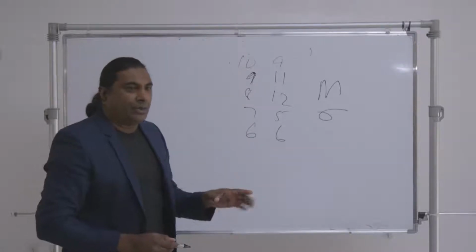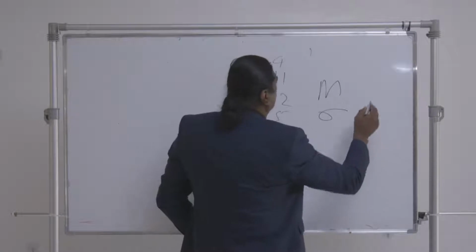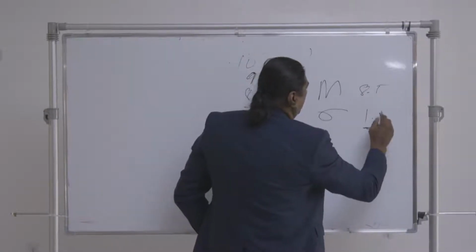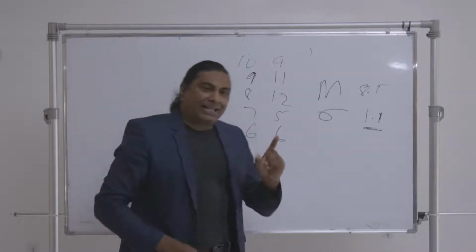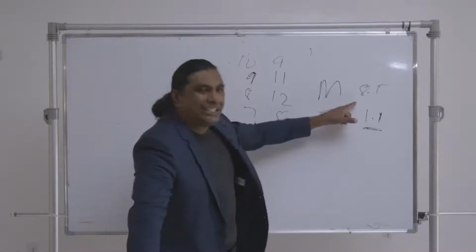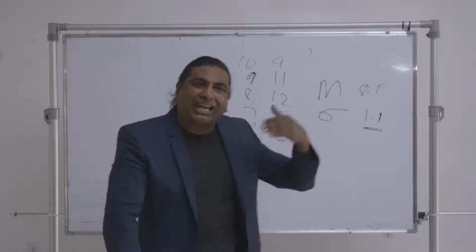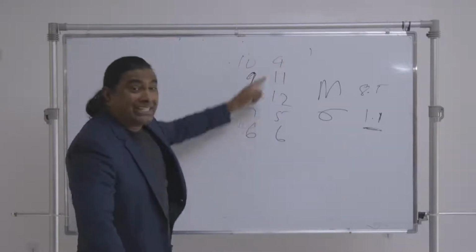Now remember, these numbers are useful. Let's just assume the mean is 8.5 and the standard deviation is 1.1. Remember I said to you yesterday, we cannot manage a mean. You can't manage an average. But you can manage these numbers.